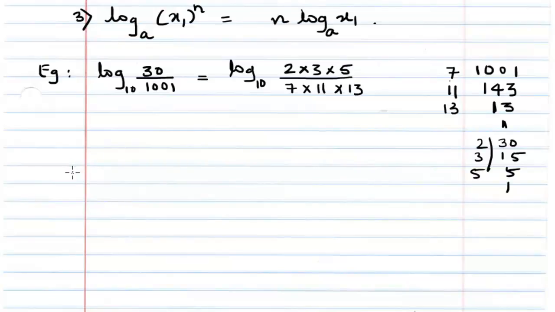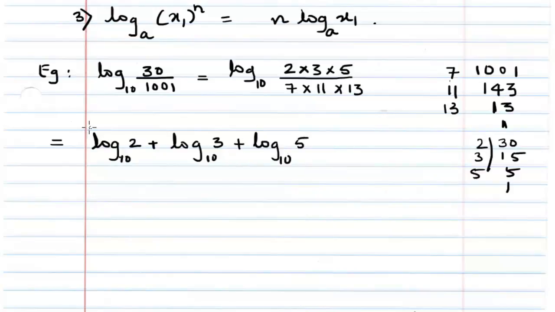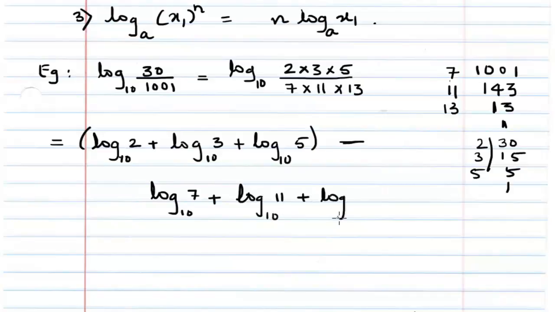And this can be written as log of 2 to the base 10 plus log of 3 to the base 10 plus log of 5 to the base 10 minus log of 7 to the base 10 plus log of 11 to the base 10 plus log of 13 to the base 10, and this is your answer.